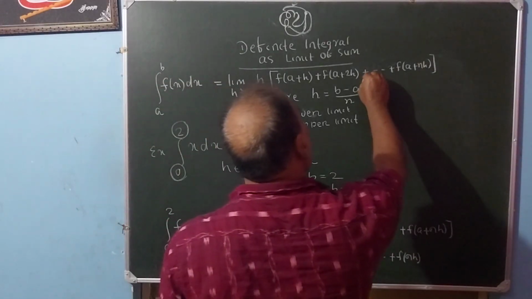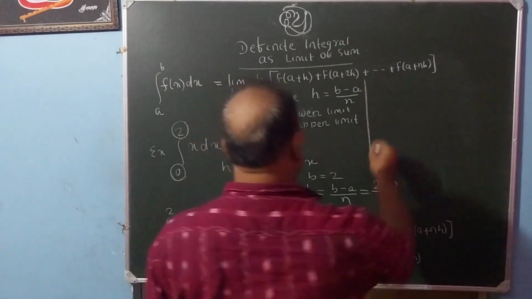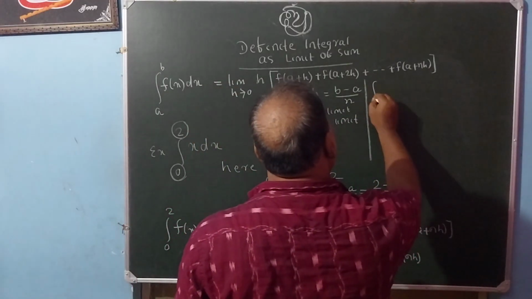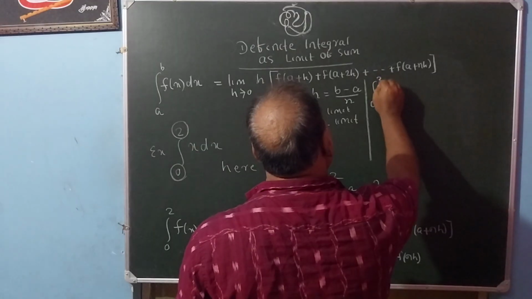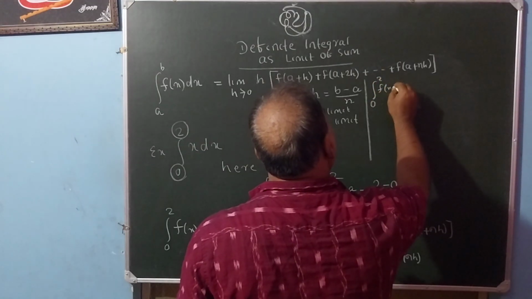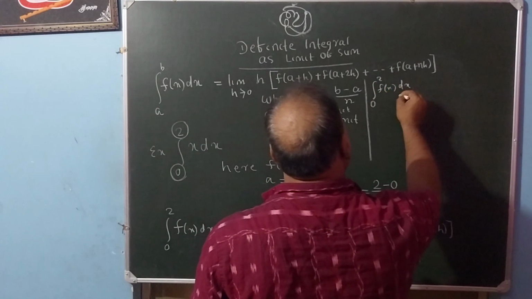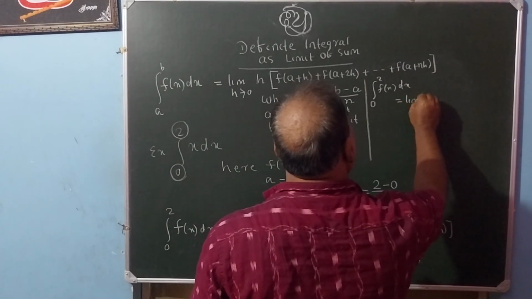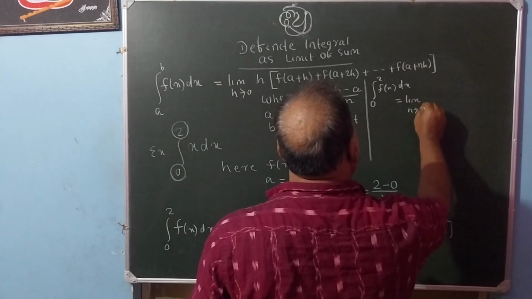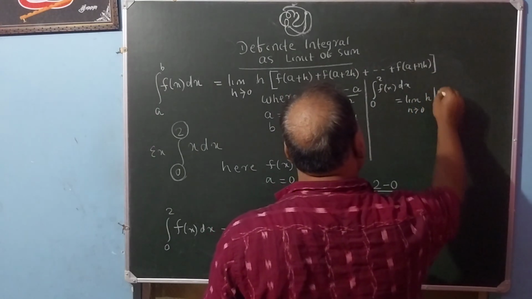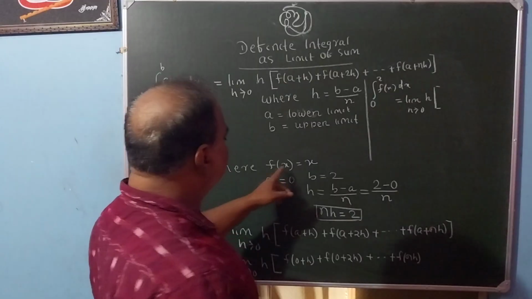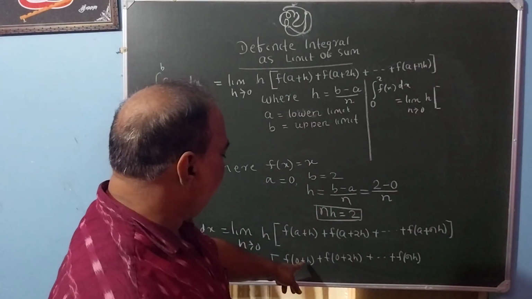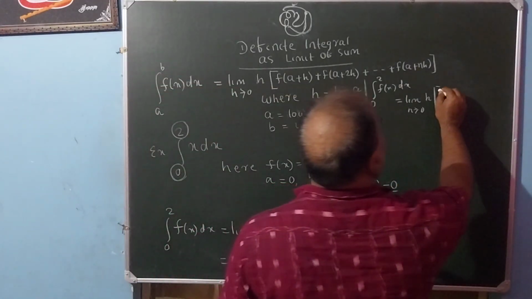Now the integral, integration of 0 to 2 f(x) dx is equal to limit h tends to 0, here it is h. f of x is equal to x. What is f of x? That is h.